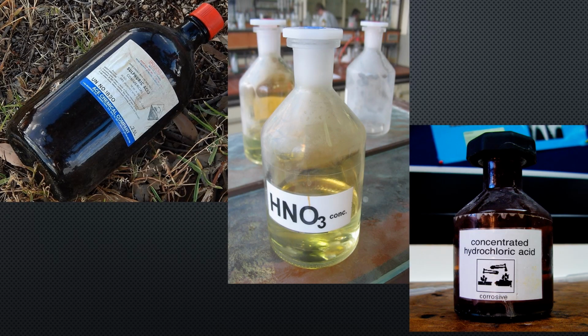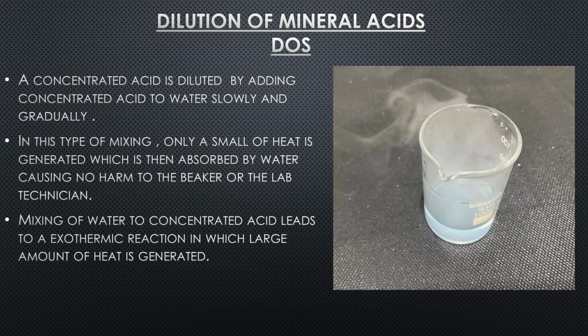Now, if you want to dilute any acid, as I have told you, these three acids are originally found in concentrated form. So in some experiments, we need diluted acids. Then what will you do?